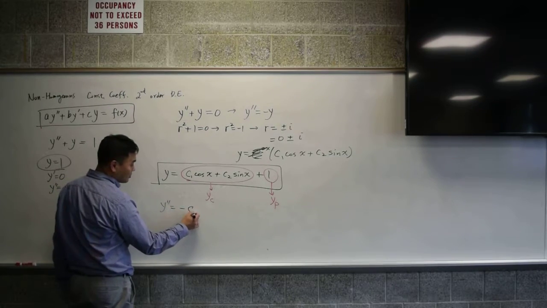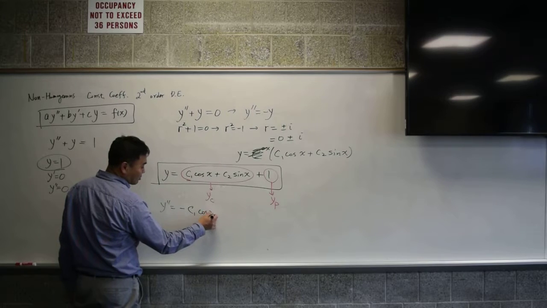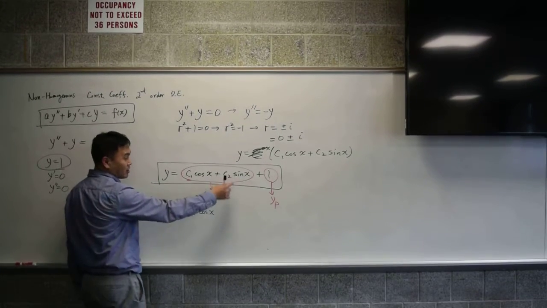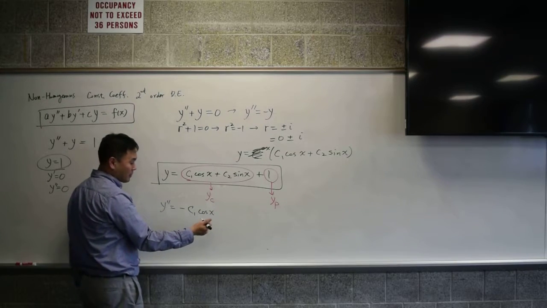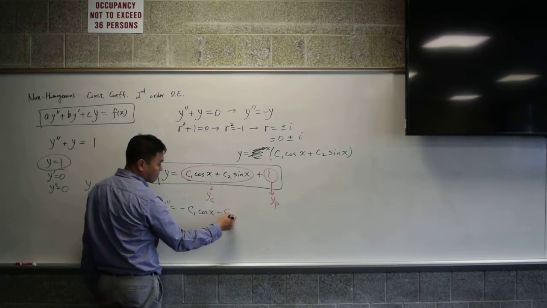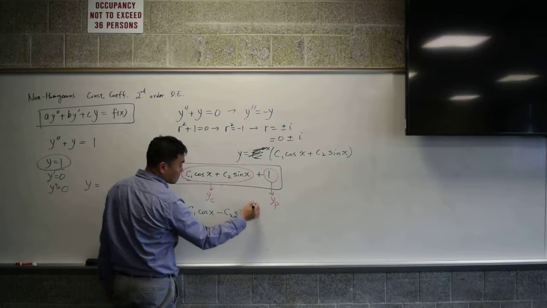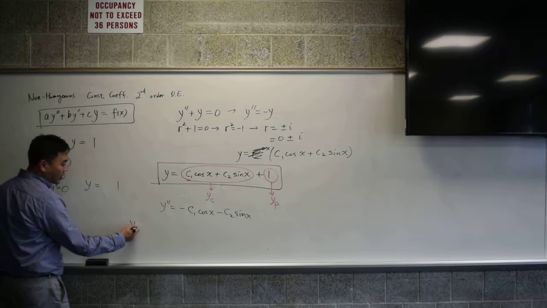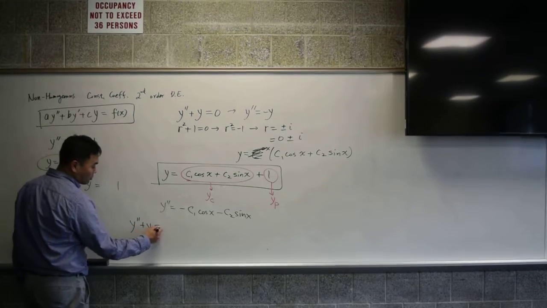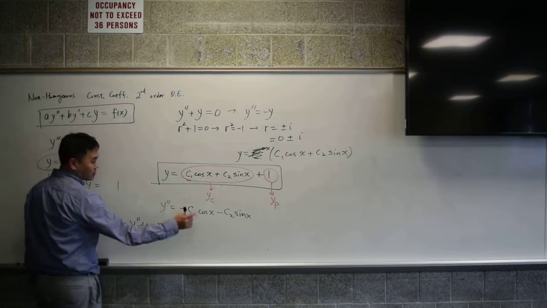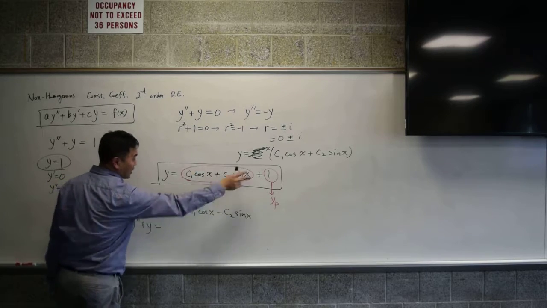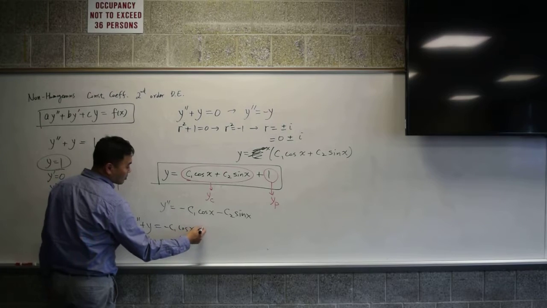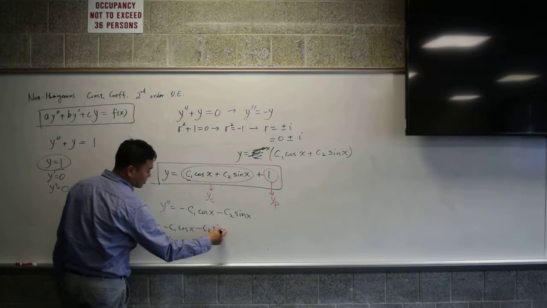Negative c1 cosine x, and then for sine, differentiate twice. What do you get? Negative sine. Differentiate the constant twice. What do you get? Zero. Okay, so then y double prime plus y gives you this plus that. What do you get? 0 plus 1. Most of them will cancel out, right?